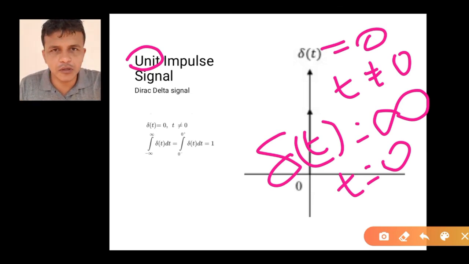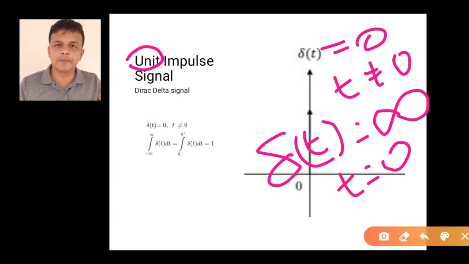Similarly in the unit impulse signal, there is no other part of the signal anywhere except at t equal to 0. The area under the amplitude at t equal to 0 is 1, but the amplitude is infinity.